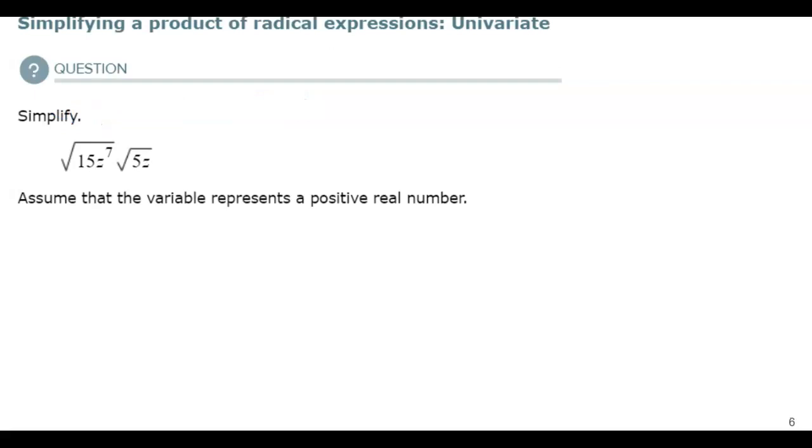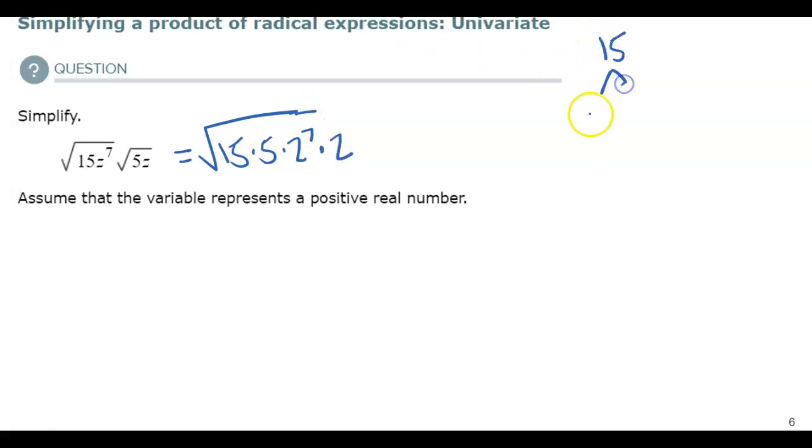Rules for multiplying radicals. When I multiply two radicals, we can put them under the same radical sign. So let's go ahead and practice that. So this is the same as 15 times 5 times z to the 7th. I'm going to break down 15, 5 and 3. So this is 3 times 5.